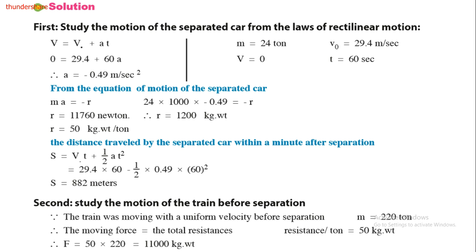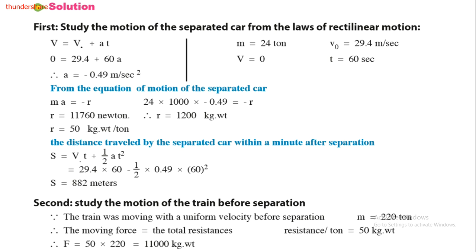We need to study the motion of the train before the separation. Of course, as we said, it is Newton's first law. So F equals 50 times 220. Okay, so it will equal 11,000 kilogram weight. Okay, everyone.